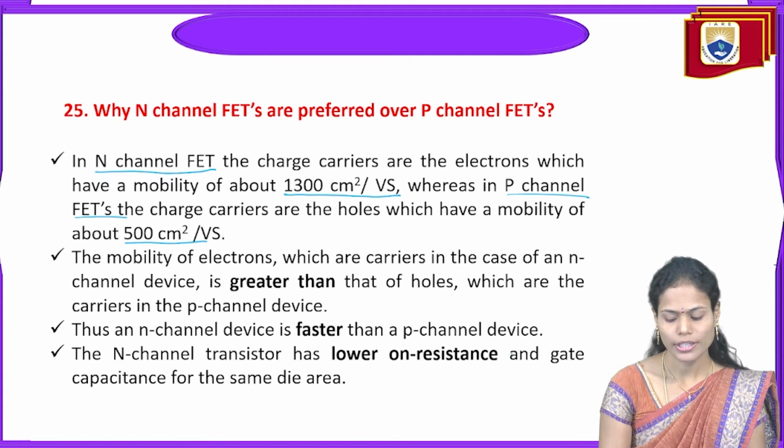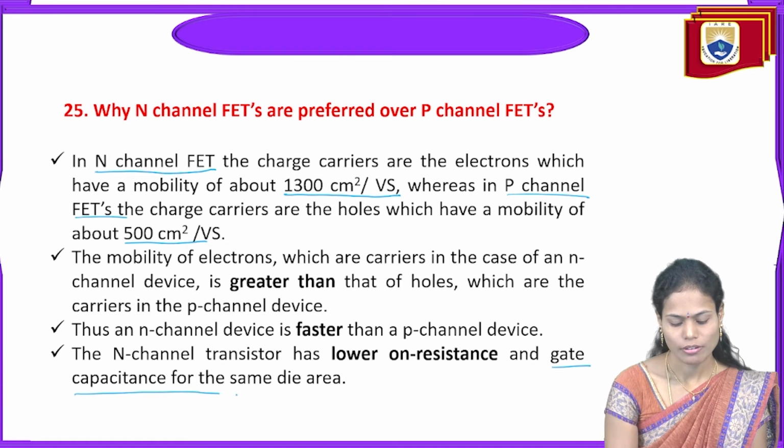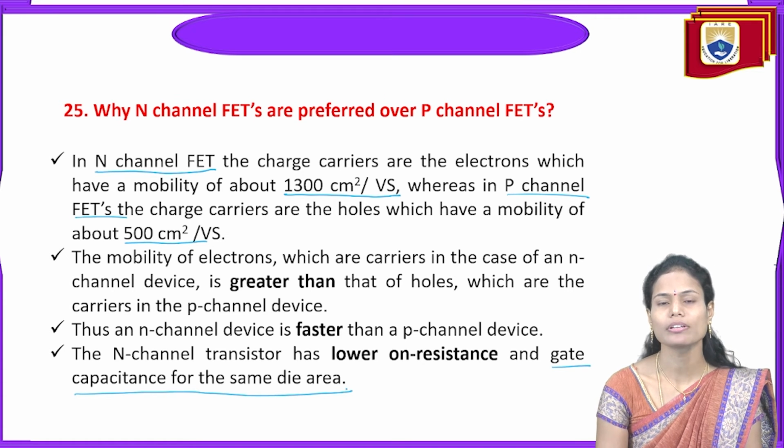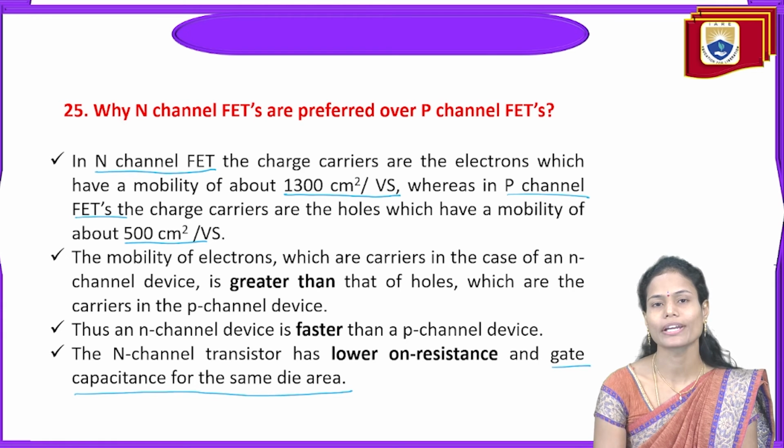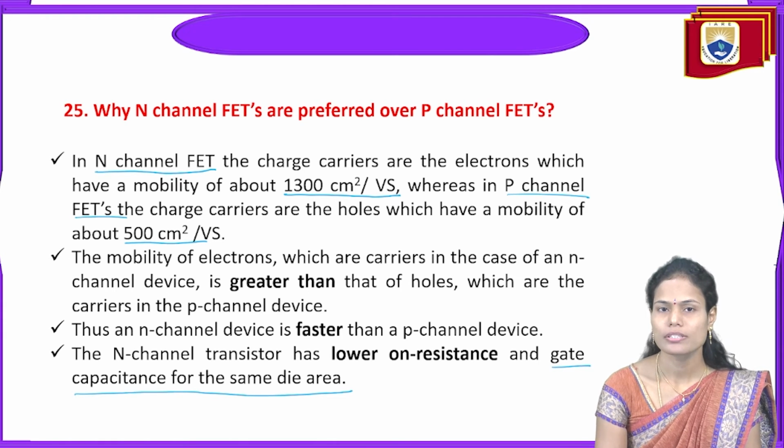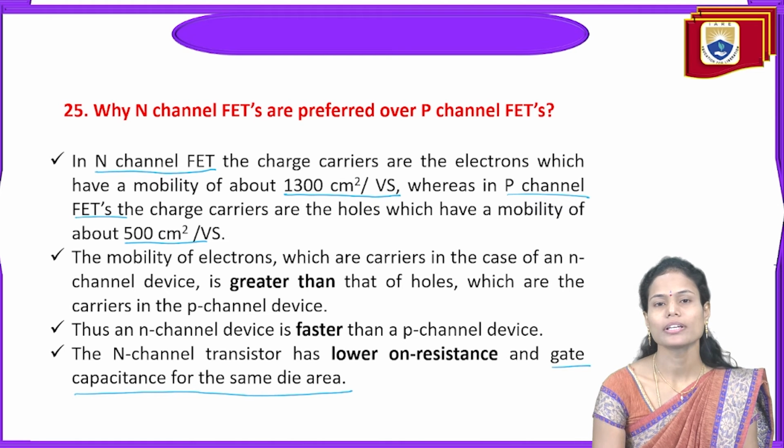And also it has very low input resistance as well as very low gate capacitance in the case of N-channel FET. So because of this reason, we are preferring the N-channel FETs compared to the P-channel FETs.